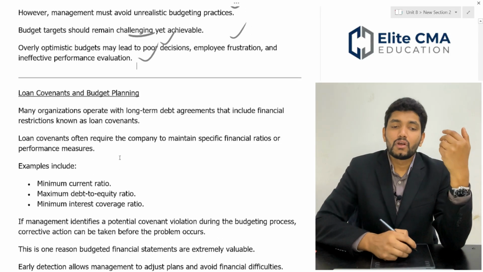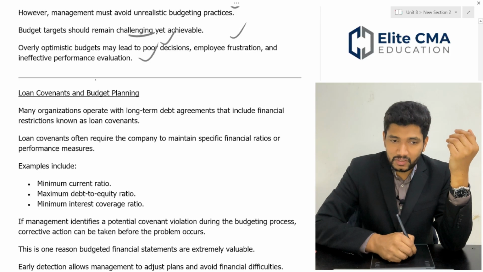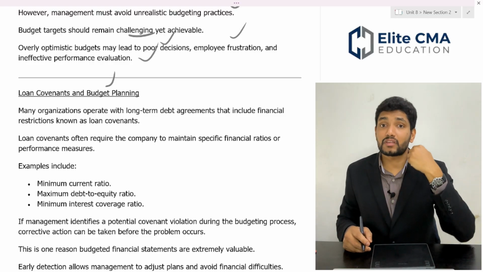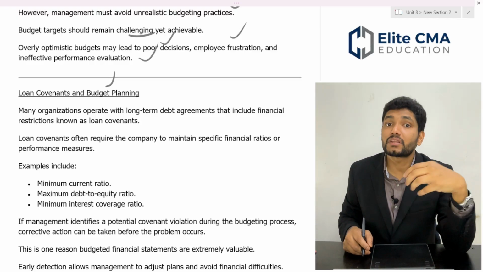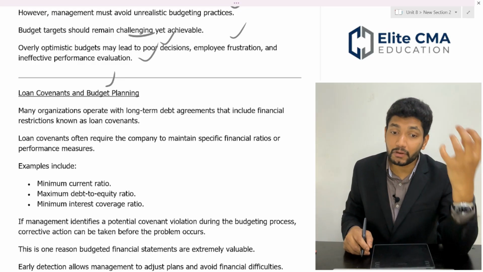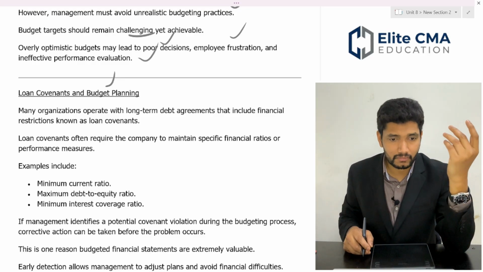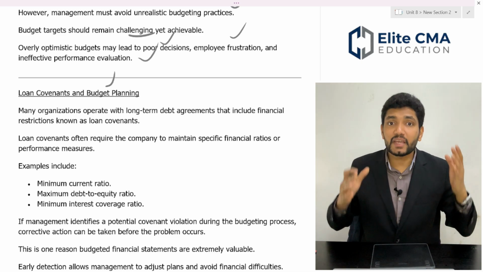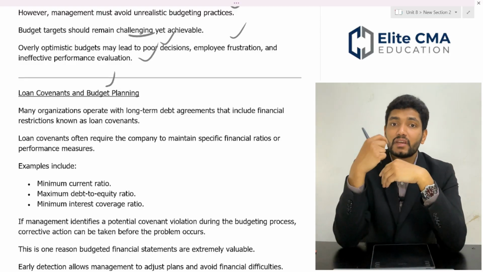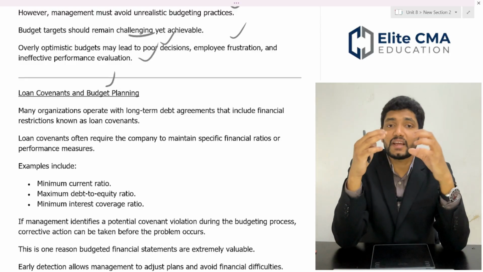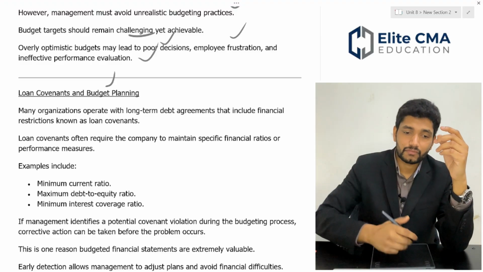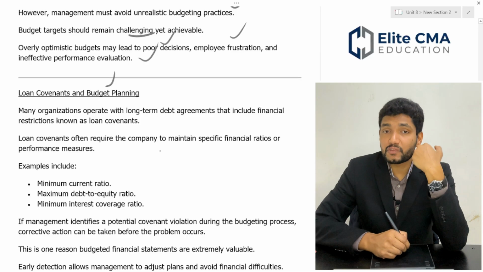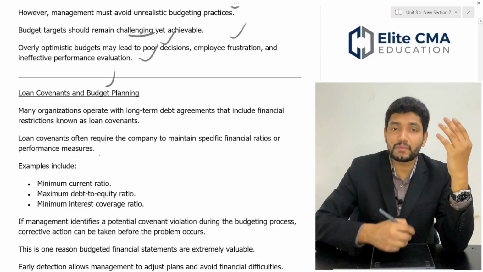Now, loan covenant and budget planning. What is a loan covenant? Loan covenant means some obligations with the bank if you take loans from financial institutions. These are financial restrictions, which means you have to maintain your financial position in a healthy state. Loan covenants require companies to maintain specific financial ratios or performance measures.